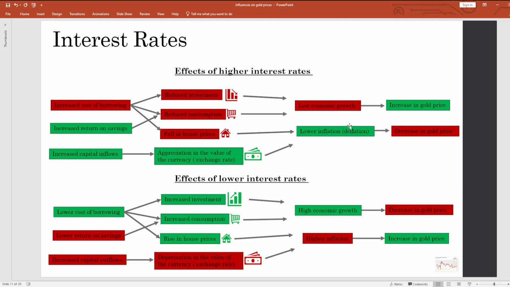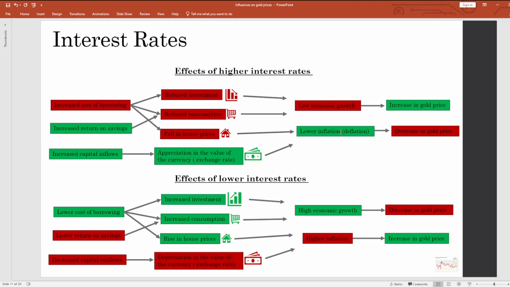So overall, there is a small problem here, because we are getting mixed signals. Normally, when there is low economic growth, or when things in the economy are going badly, the gold price increases, and when inflation is non-existent or decreasing, then gold prices decrease as well, because a lot of people talk about gold being a hedge against inflation.